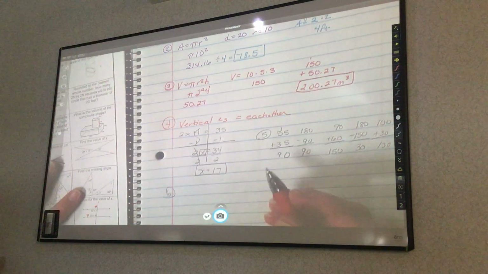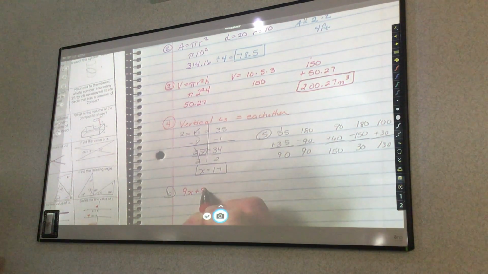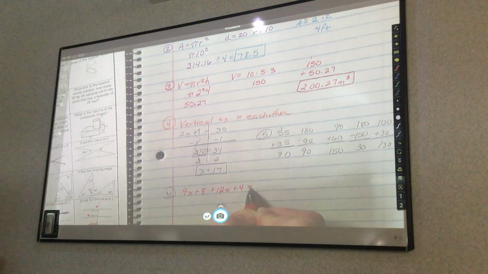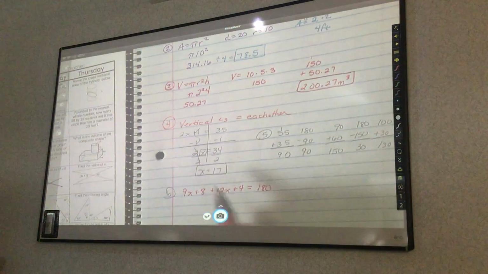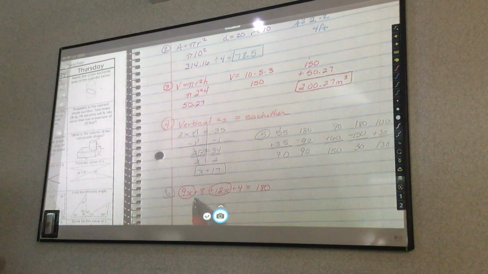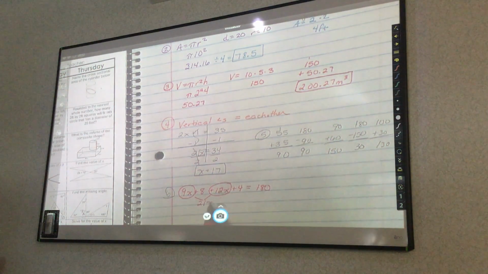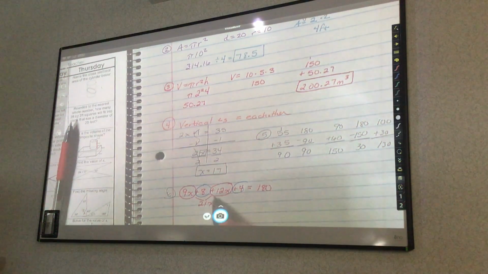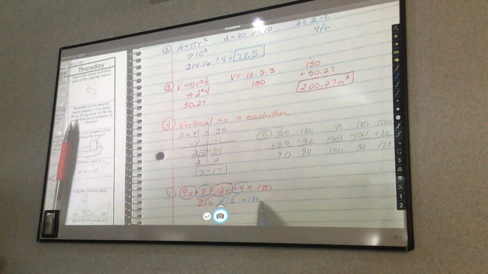180. So I do 9x plus 8 plus 12x plus 4 has to equal 180. Combine your like terms using the sign in front. 9x, 12x becomes 21x. Then I have a positive 8 and a positive 4, which becomes plus 12 equals 180.